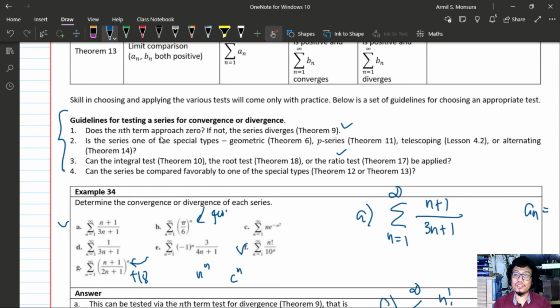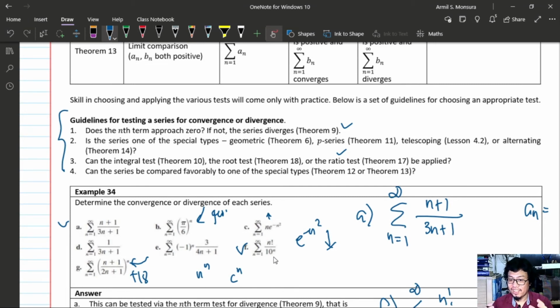Here, the nth term might not approach 0 because you have n as a factor. But don't conclude that the series is already divergent, because there is a multiplier that actually decreases faster than the n that is multiplied to it. This e raised to negative n squared decreases faster than this one is increasing. So in that case, we will not be able to conclude whether this series is convergent or divergent.